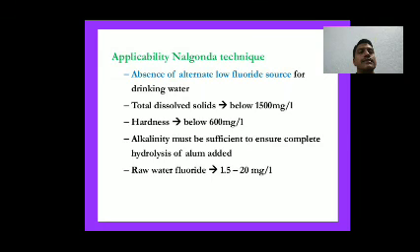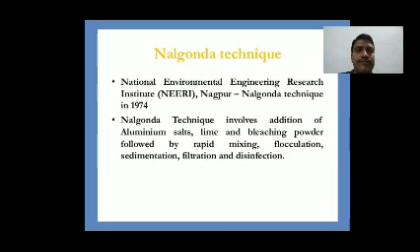Alkalinity must be sufficient to ensure complete hydrolysis of alum added, with raw water fluoride 1.5 to 20 milligram per liter.